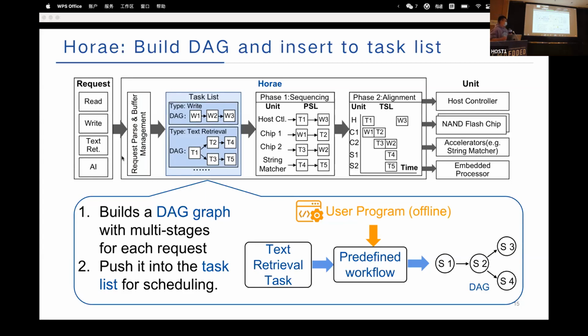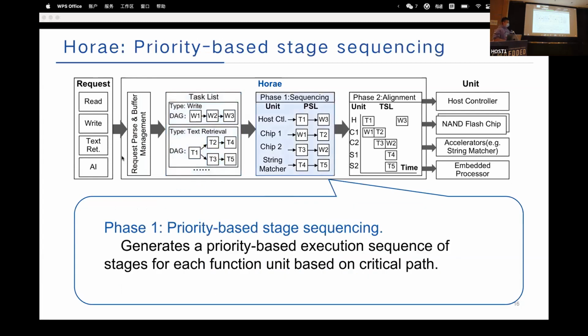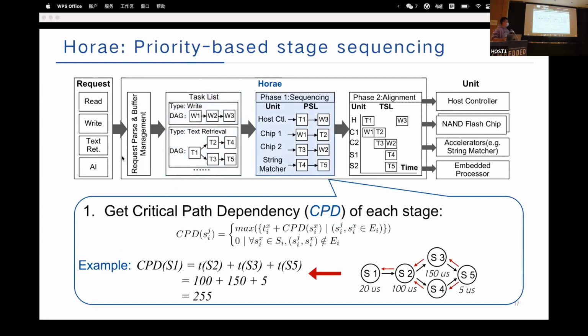So after the DAG graph is generated, we will push it into the task list. And after the task list is ready, we will generate a priority-based execution sequence of stages. First, we will get the critical path dependency, denoted as the CPD value, of each stage.